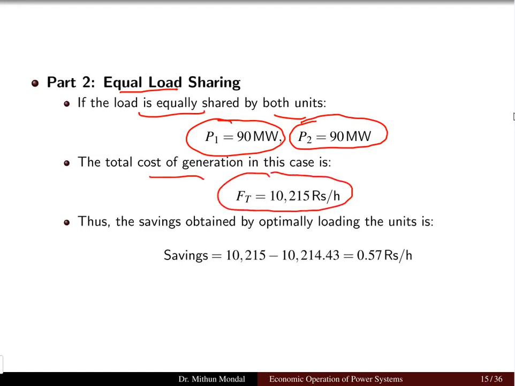If you subtract the optimal total cost of generation that we got earlier, we have a saving of 0.57 rupees per hour. So the saving that we have achieved is about 0.57 rupees per hour.